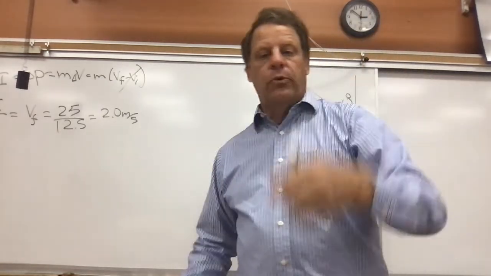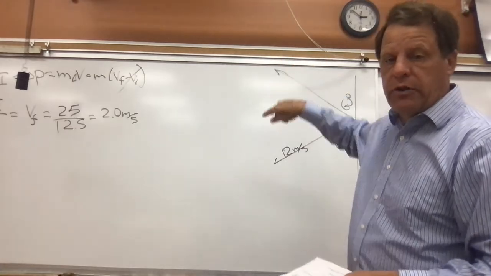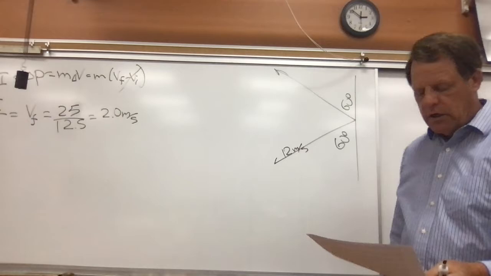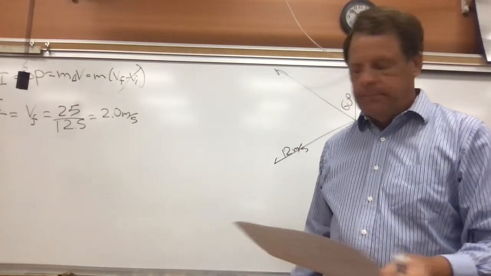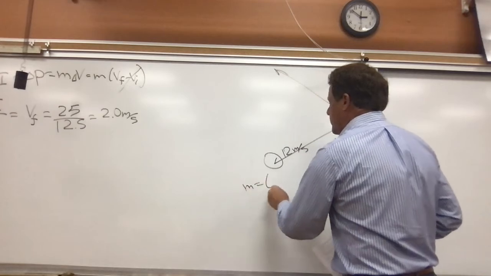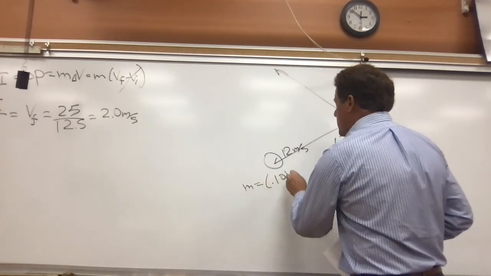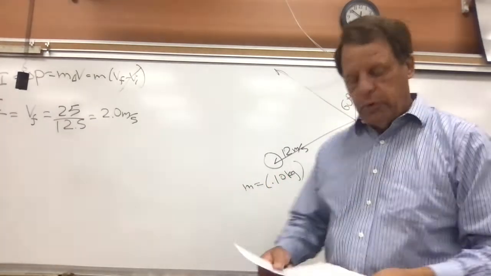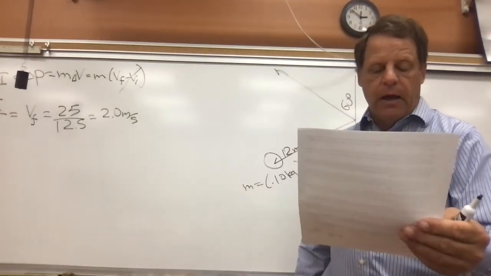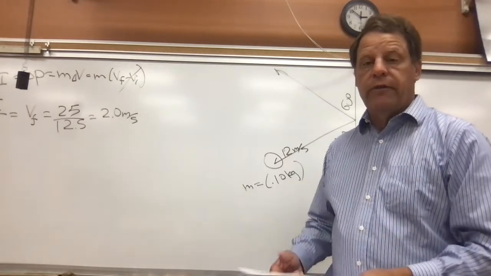Now we're looking down on this from the top, so we're not going to get gravity that pulls it down as if we were to see it on the side here. All right, so this ball has a mass that is equal to 100 grams, which would be 0.1 kilograms.